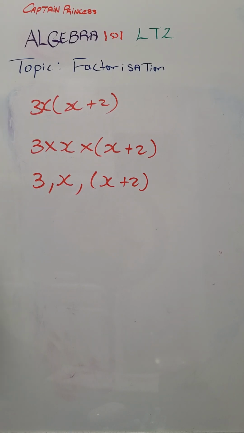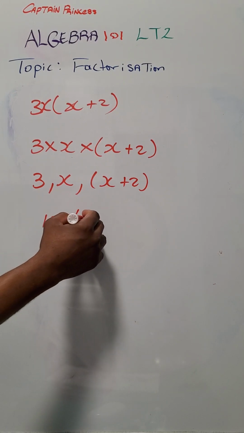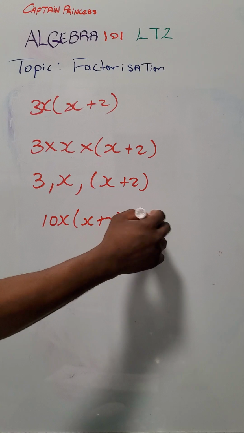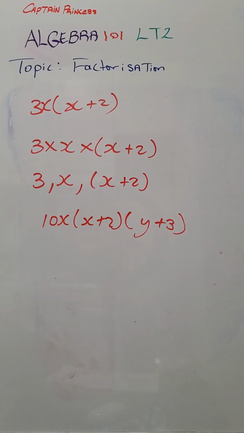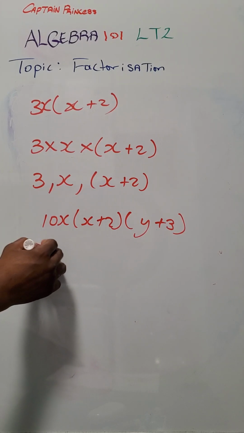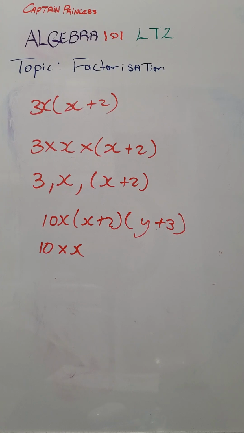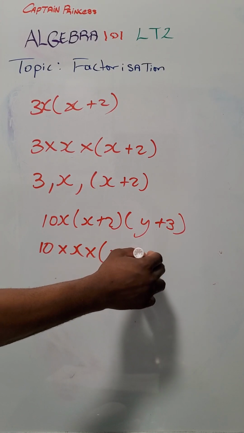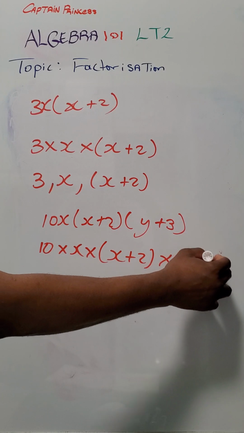Let us do one more. If we were to write 10x(x + 2)(y + 3), so we will have 10 times x, right? Then the x will be multiplying by the x plus 2, and also we are multiplying by the y plus 3.